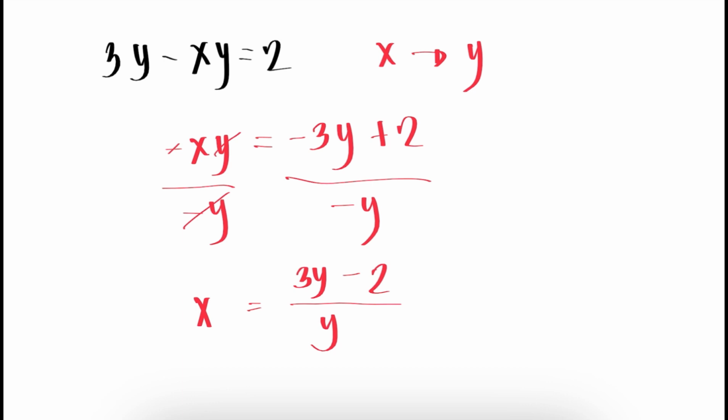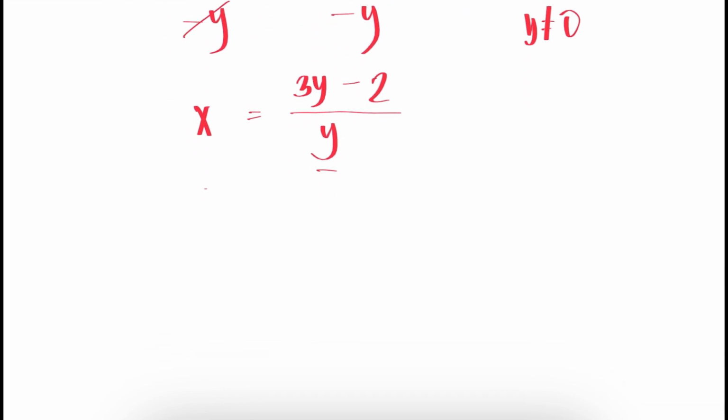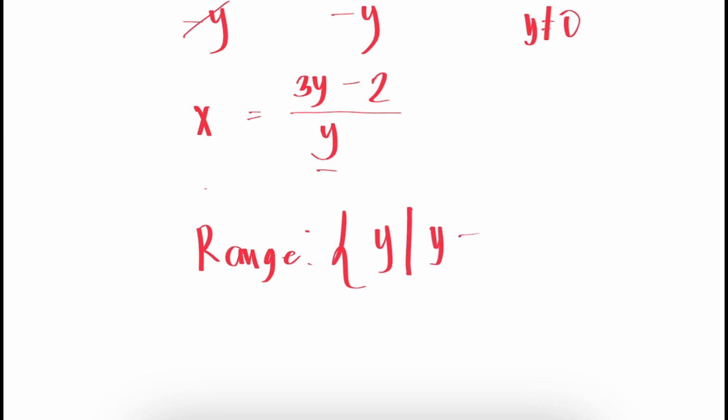Or simply, the equation when solving for x in terms of y becomes x is equal to 3y minus 2 over y. Now, for x to be real, the denominator y cannot be 0. Okay? It is not equal to 0. Therefore, the range is all values of y such that y is not equal to 0.